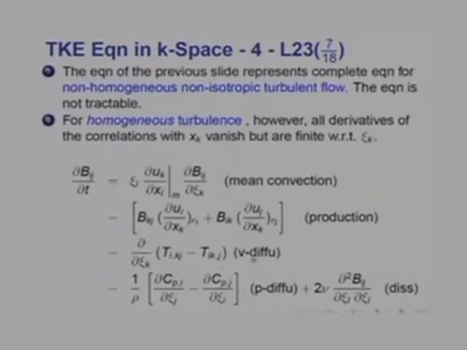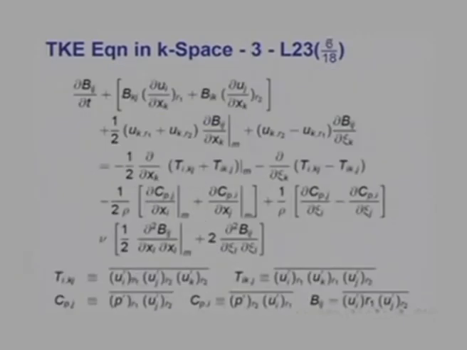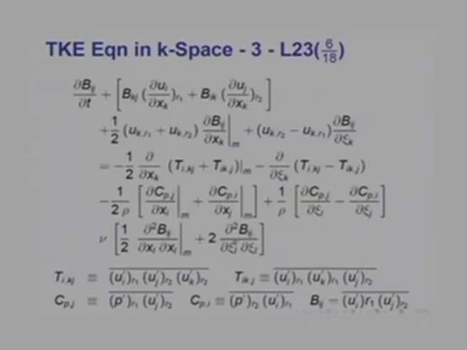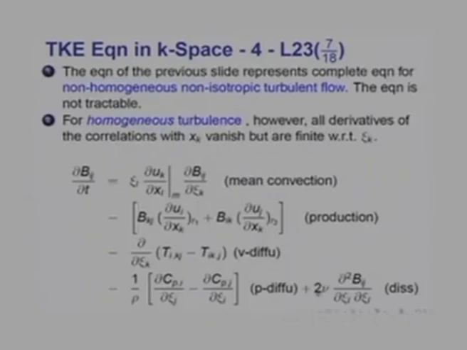So, we say that is V diffusion, and then the pressure diffusion terms, which are given by these. These of course vanish, but these survive because these are derivatives with respect to psi. And then finally, this term survives because it is the derivative with respect to psi l, that is 2 nu times d2 Bij by d psi l, which is really the dissipation due to viscosity. So, you have a fairly complex equation.